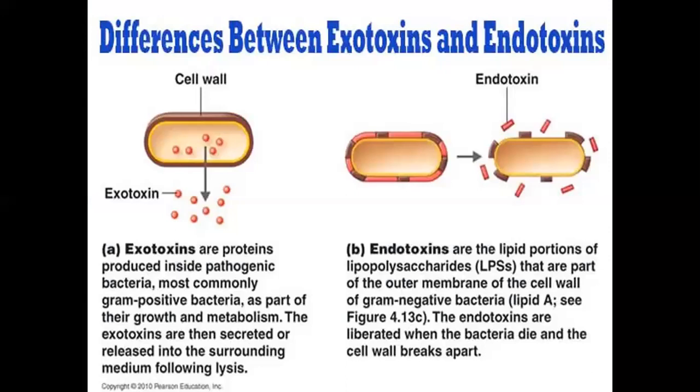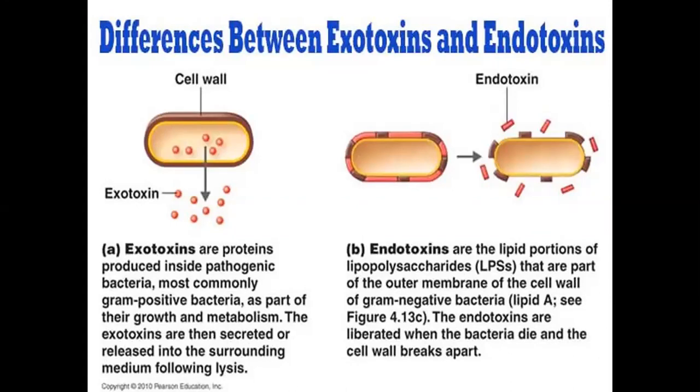Exotoxins are the proteins which are produced inside the bacteria as a part of growth and metabolism. The exotoxins are secreted or released into the surrounding medium through lysis. Exotoxins are released by gram positive.